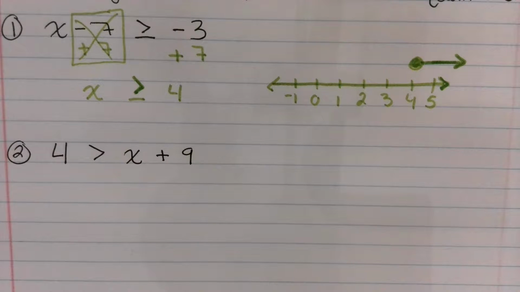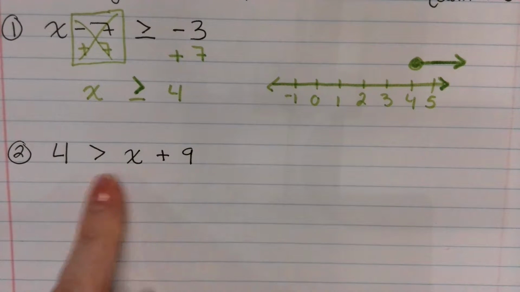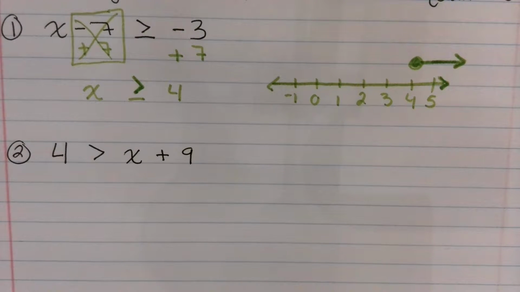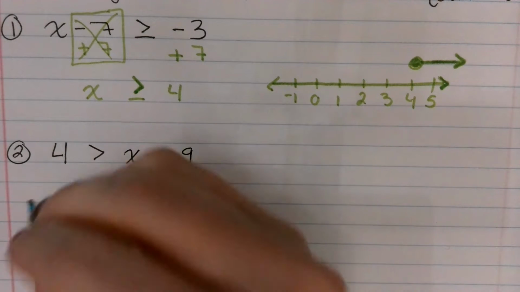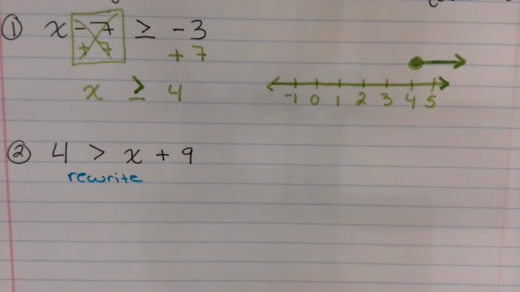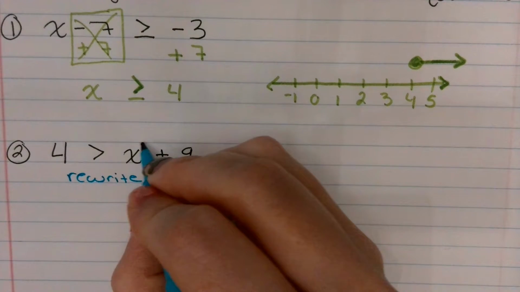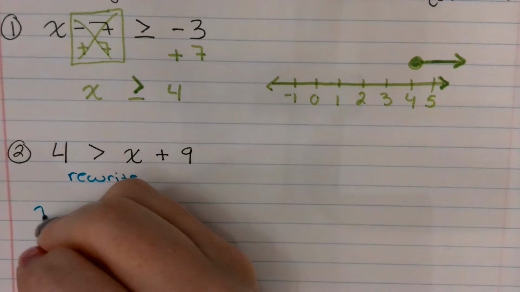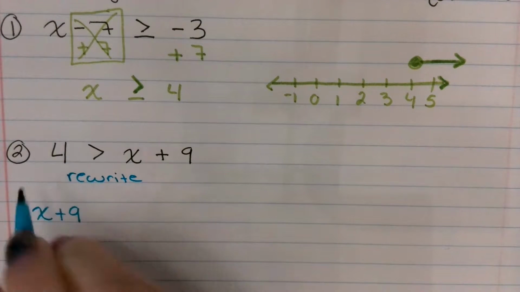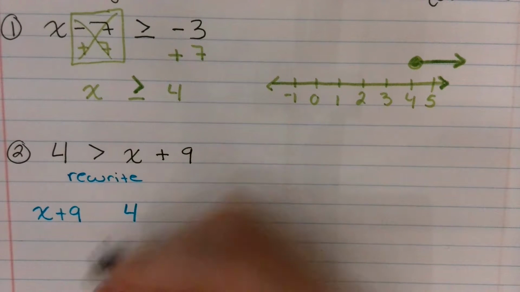Again, I want to get x by itself, but the first thing I want to do is make note of the fact that my x is on the right side of my inequality, and I don't think I like that very much. So I'm going to rewrite this whole thing. I want to take x plus 9 and put it on my left side. I'm going to take that 4 and put it on the right side.